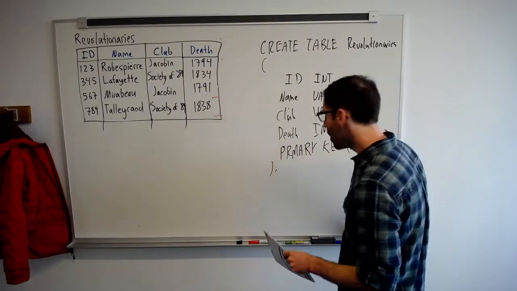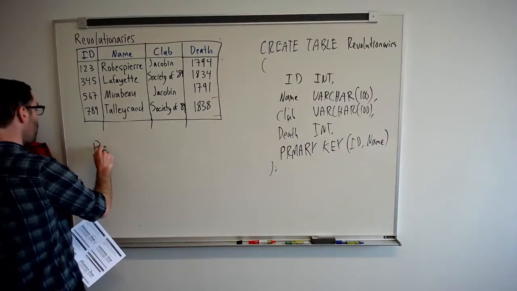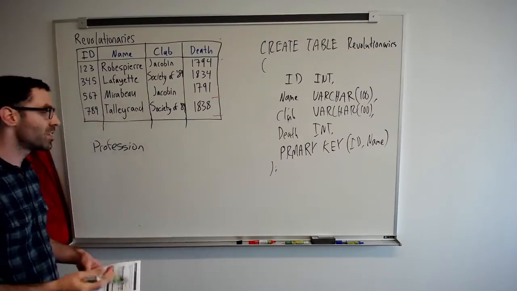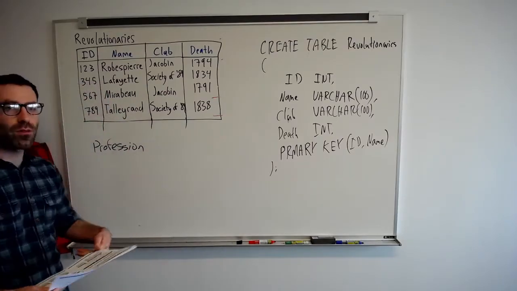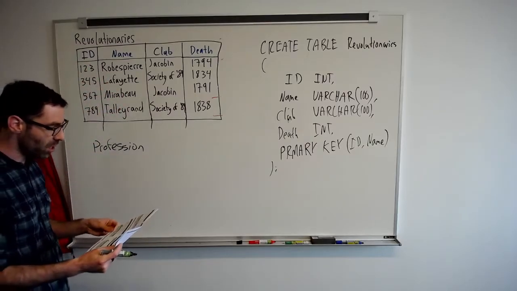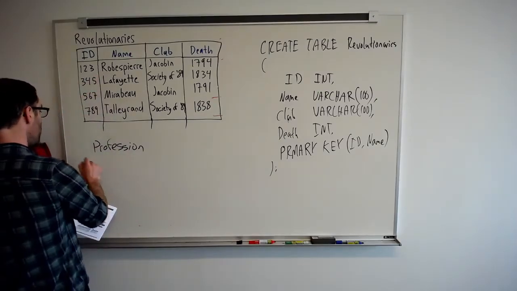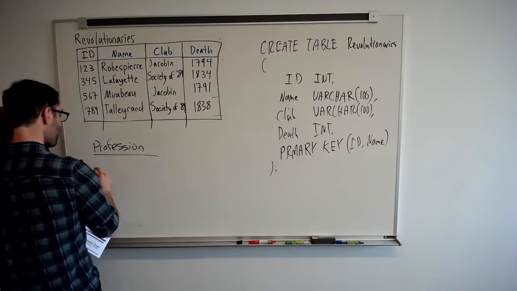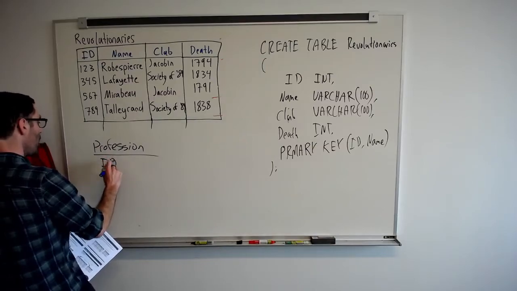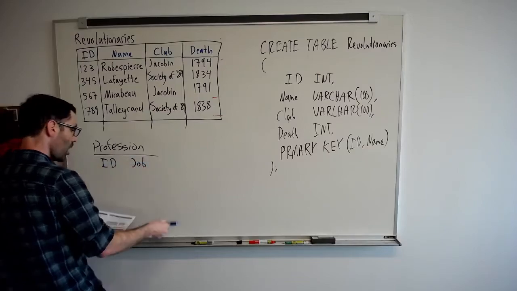So we might have another table in our database, this one called profession, that has information about what pre-revolutionary jobs, say, particular individuals in our revolutionaries table held. And we might, in this table, have two attributes, an ID and a job.